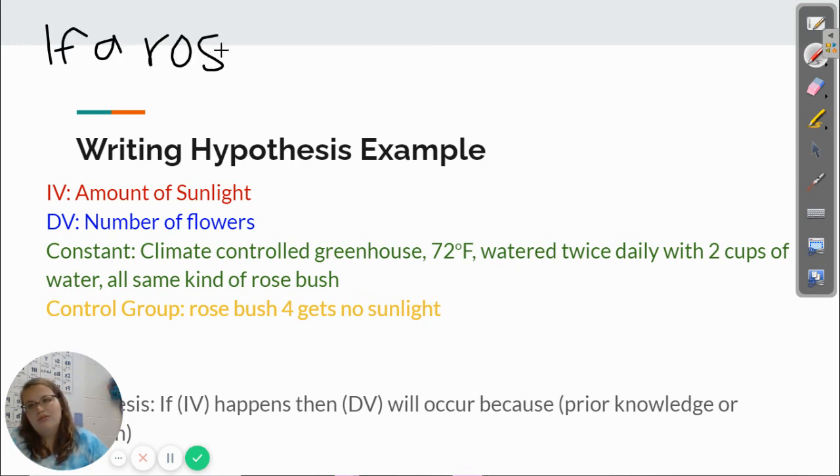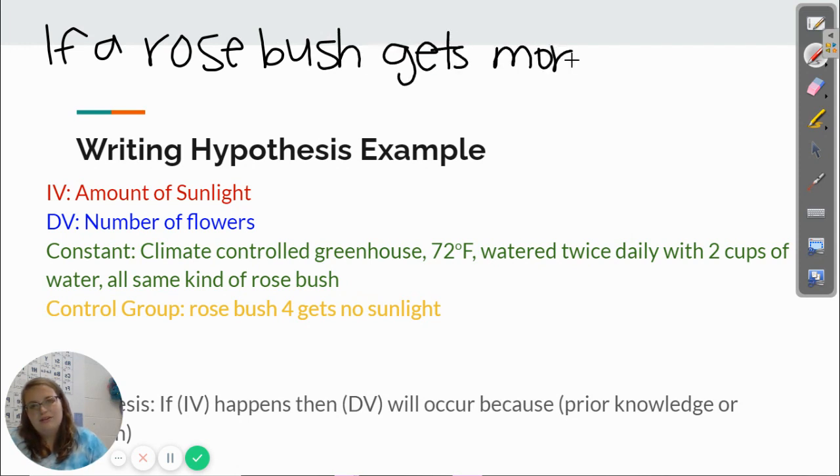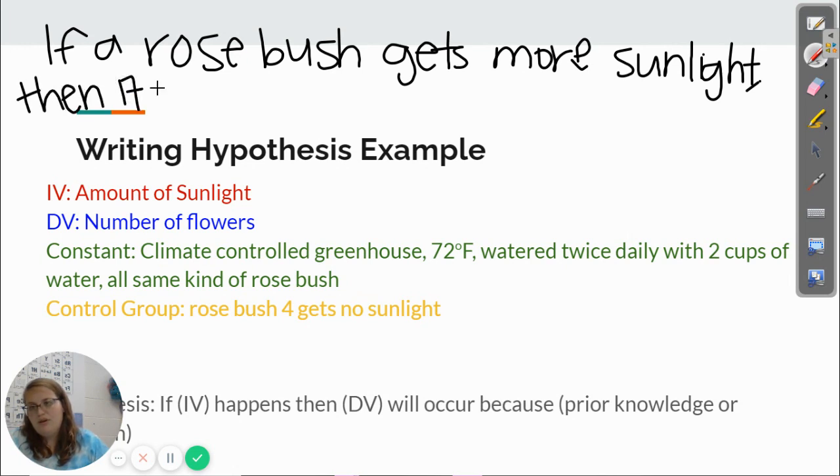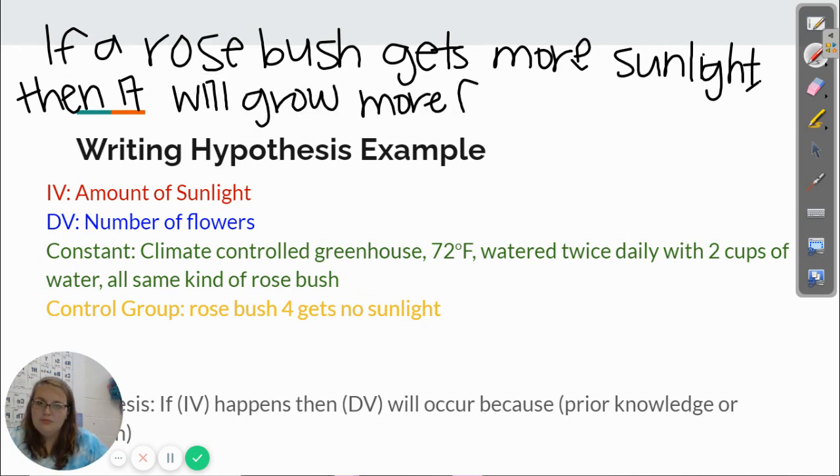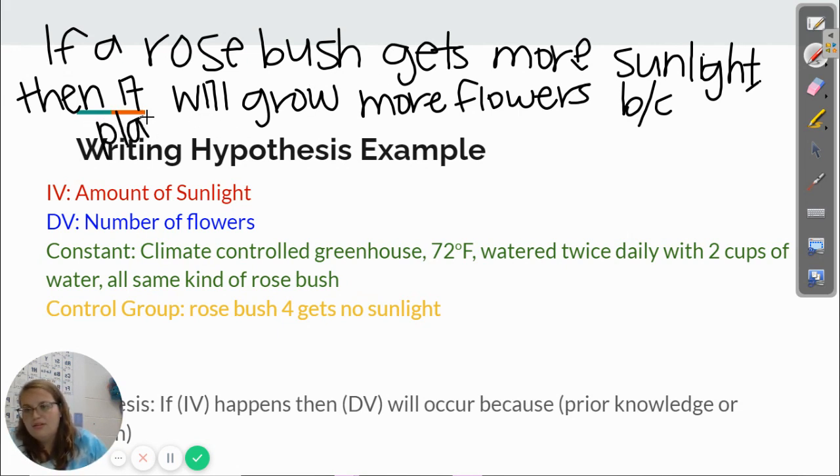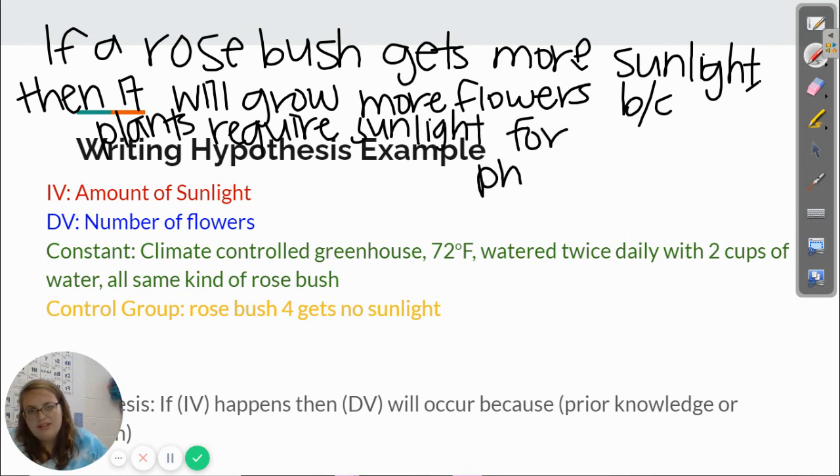If a rose bush gets more sunlight, comma, then it will grow more flowers because plants require sunlight for photosynthesis.